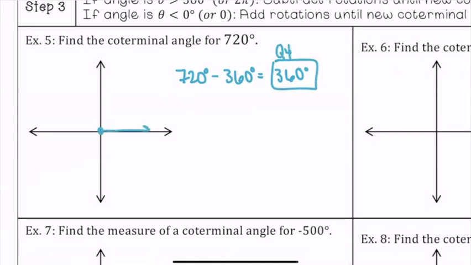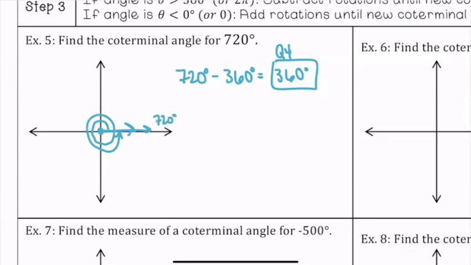Let's go ahead and draw that. There's my initial side. It's positive, so I'm going to go in the positive direction. If I went around once, that's my once there. This is what I have left, so then I'll go around a second time. And there we go, this is 720.